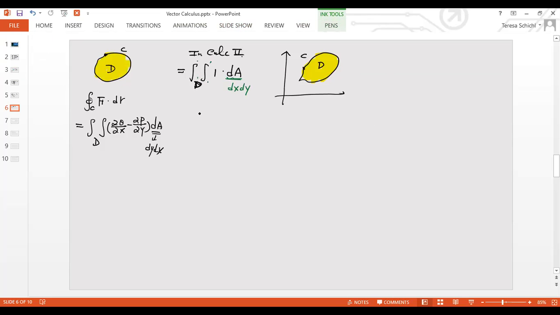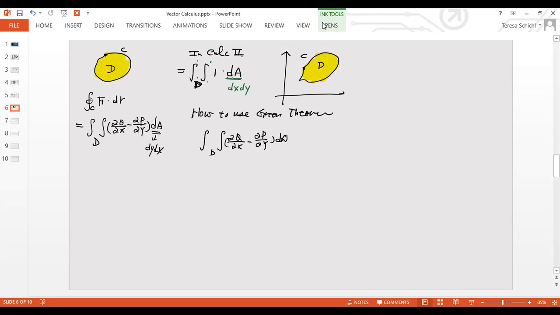Now, can we use Green's theorem to do this? Would that be easier? Let's take a look. Green's theorem changes the line integral to the integral of ∂Q/∂x minus ∂P/∂y dA over this region.